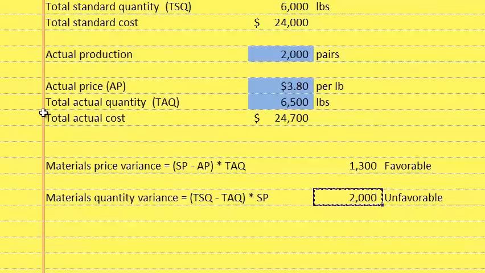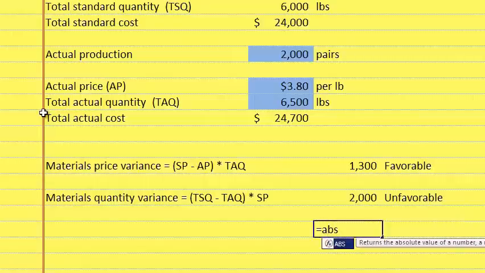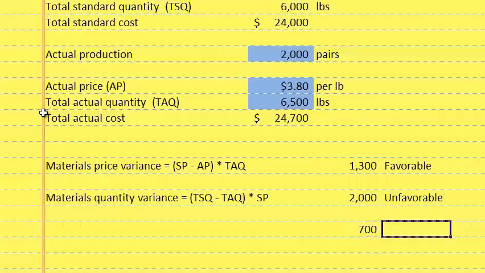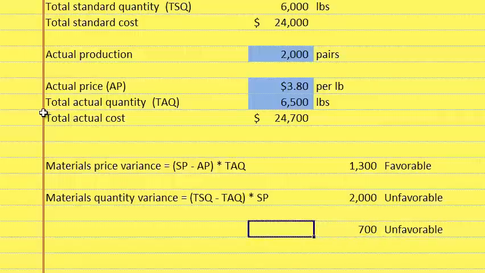Now, if you put these two variances together, and once again, I don't want a sign here, so I use the absolute value function, and I subtract these two. And there's a $700 variance, and since the unfavorable variance is the larger, I'm going to call this an unfavorable total materials variance.